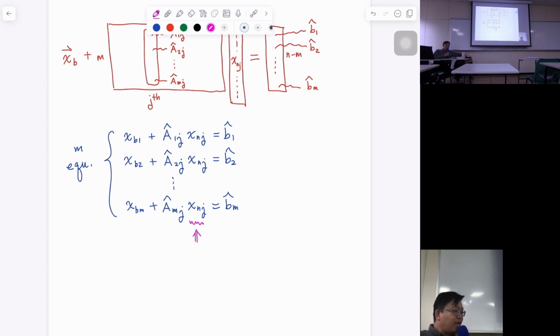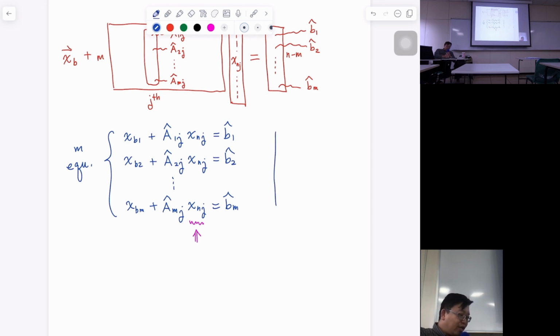And in order to make this equation satisfied, supposedly the xB's need to reduce. Because if something on the right hand side increases, then something on the left hand side is supposed to be reducing. But is it always true? Actually, later on I can show you one example.